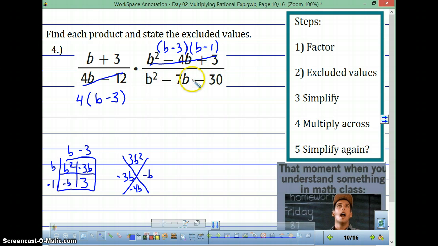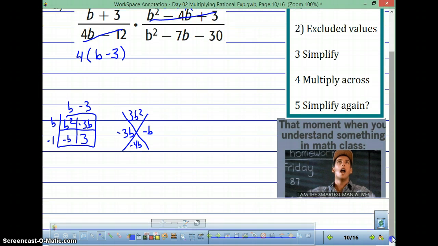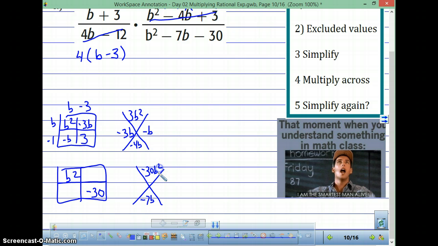Okay, can we simplify this one? You bet we can. Let's try and factor it. So first we start with a box. B squared minus 30. Okay, we've got to split the negative 7b. So negative 7b goes down here. And up here we have negative 30b squared.